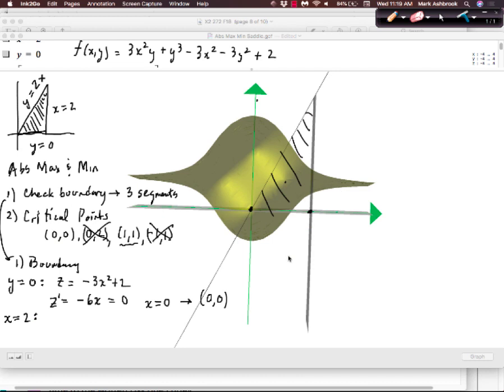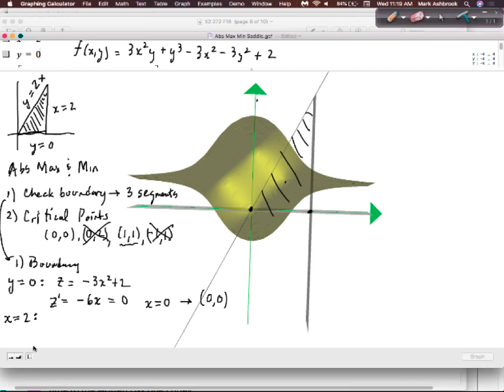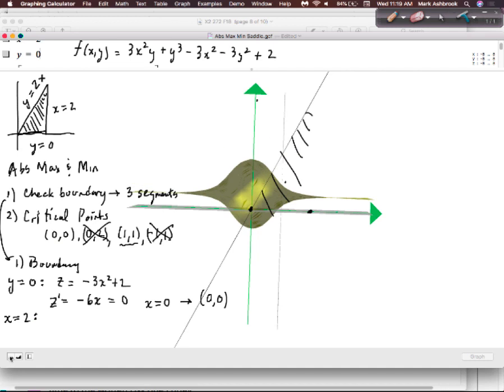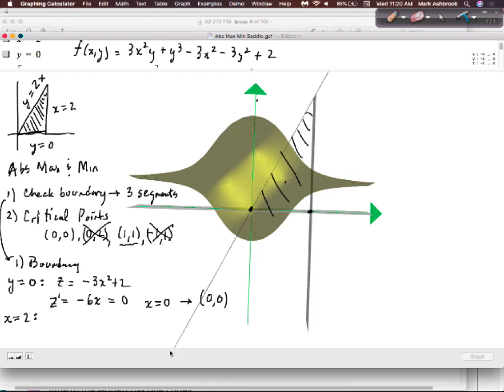So maybe if I zoom out once, will that help? Yeah. So you see that it's only showing part of the surface, but that gold surface is defined for all x and y ordered pairs, right? The domain is all real. The whole xy plane is the domain. So even though you don't see it in there, it's still extending everywhere, okay?